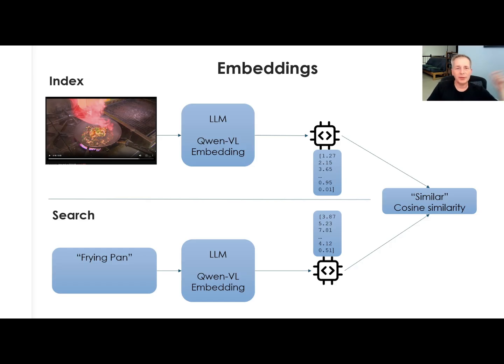When I click on one of the close matches, I go into the database, find the corresponding time code, and pull that video back and play it. That is what's happening in this application.